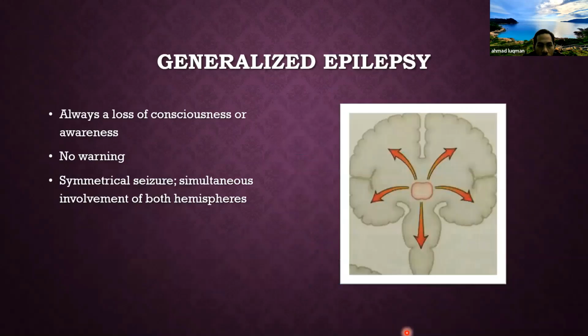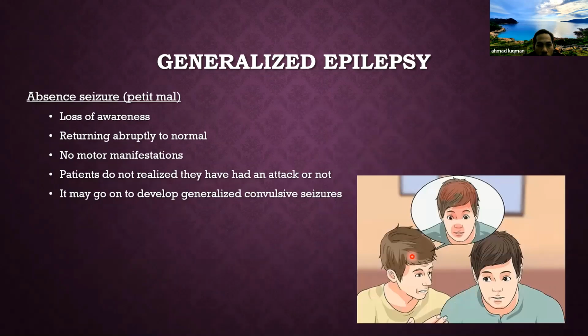So the first type of epilepsy is generalized epilepsy. The patient will always have a loss of consciousness or awareness. There's no warning, and it happens in the brain symmetrically in both hemispheres. The first type of generalized epilepsy is the absence seizure, also known as petit mal, which the doctor mentioned just before.